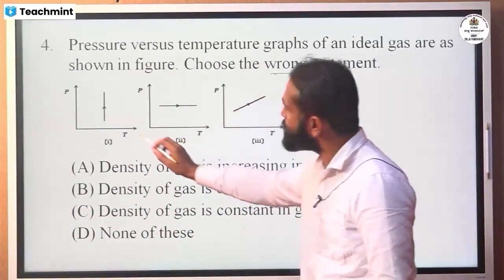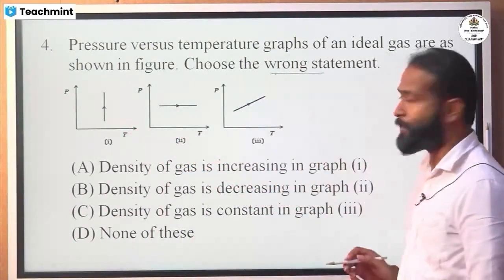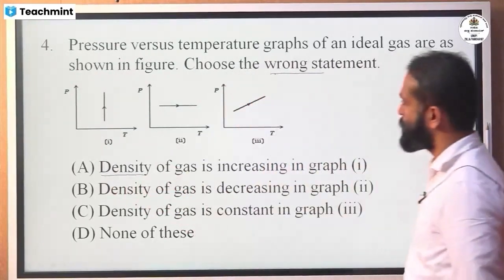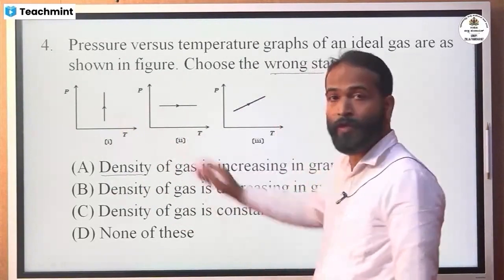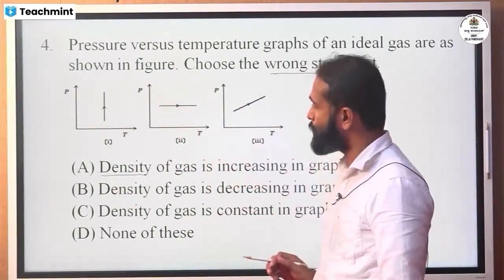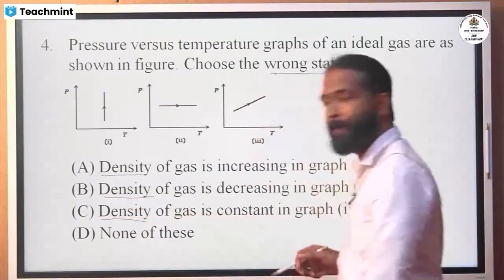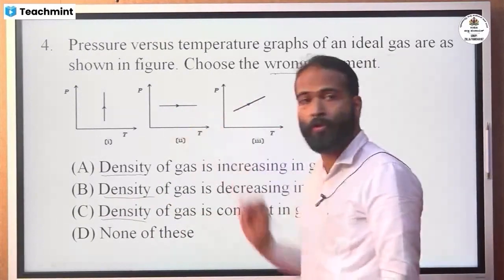All three graphs are pressure versus temperature graphs. But look at the options. The first option says the density of the gas is increasing in graph 1. The given graphs are pressure versus temperature, but all the options talk about density. So somehow we have to convert this pressure versus temperature information into density information.